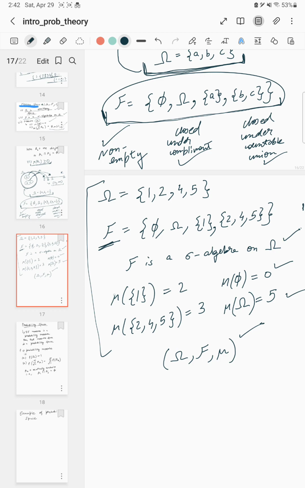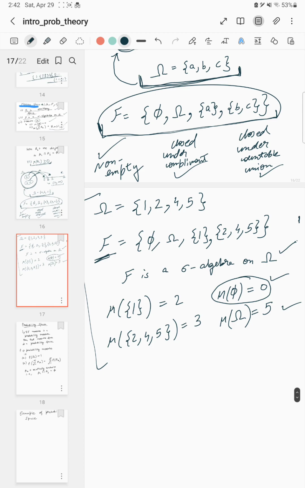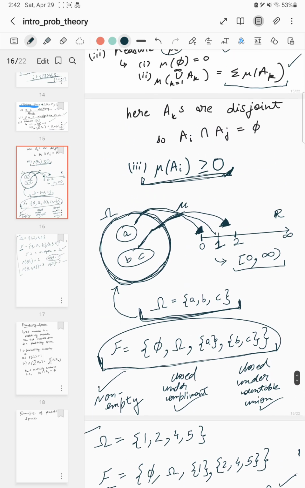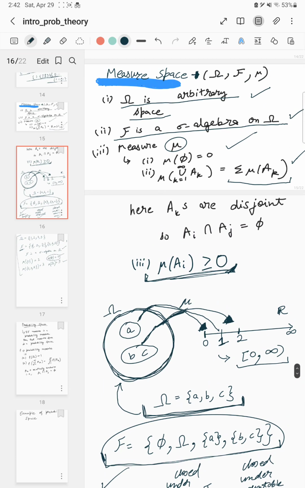We have defined a measure mu such that mu of phi is 0. So the first condition is satisfied, and we know that for disjoint sets, if we take the union of all of these disjoint sets and take its measure, it would be equal to the sum of the measures of all of these disjoint sets.